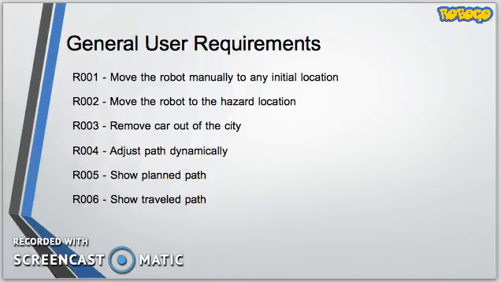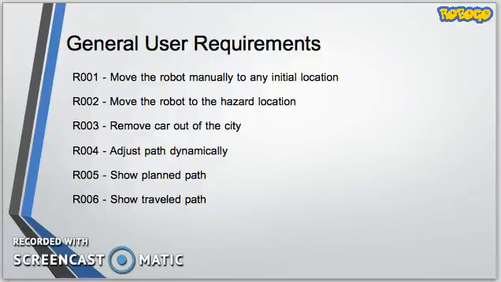And the robot is able to remove the object, or in this case a car, out of the city, and the robot is able to adjust its path dynamically, which means if there are any obstacles, the robot is able to recalculate the path.